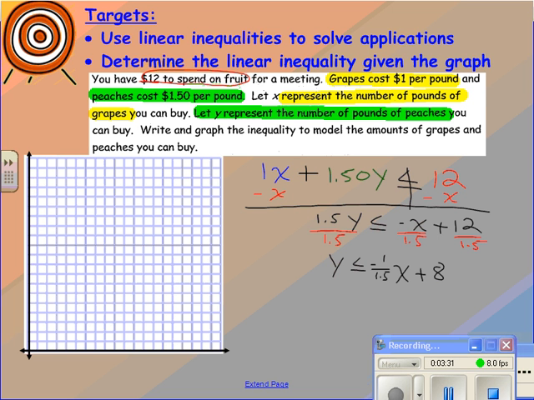Okay, well, I really don't like that coefficient. So what I did is I plugged it into my calculator, negative 1 divided by 1.5, and it gave me a decimal of 0.6 repeating, which, if I hit the math key on my calculator and convert it into a fraction, gave me Y is less than or equal to negative 2/3 X plus 8.